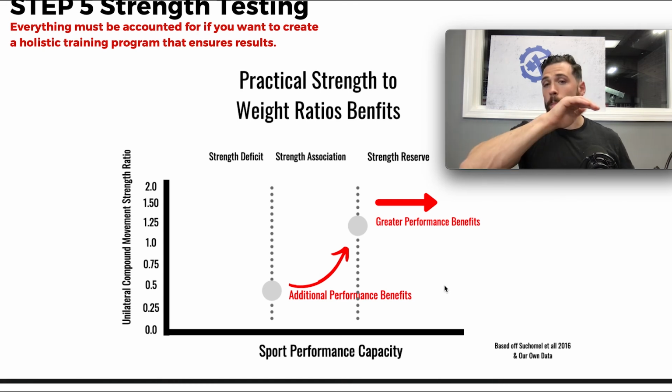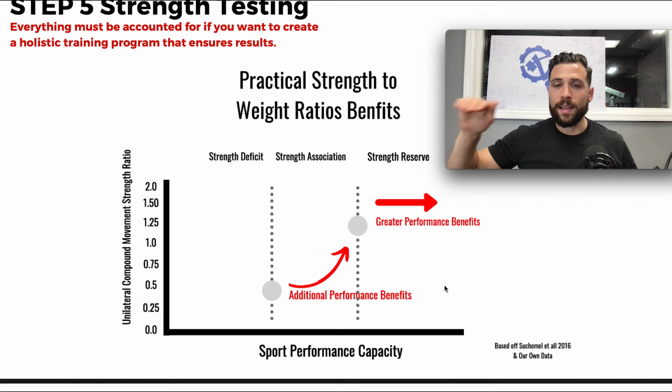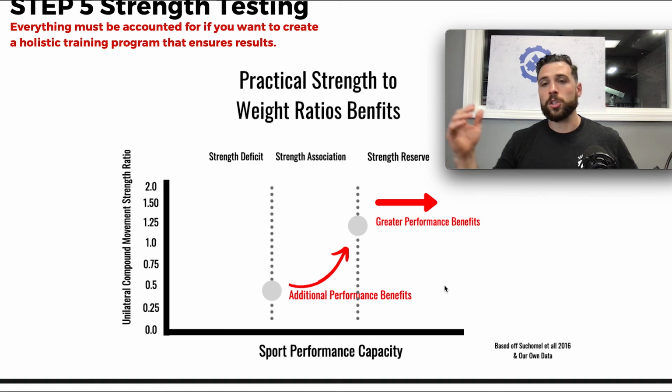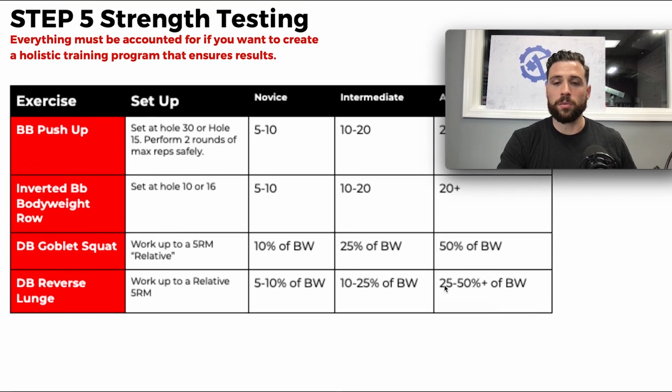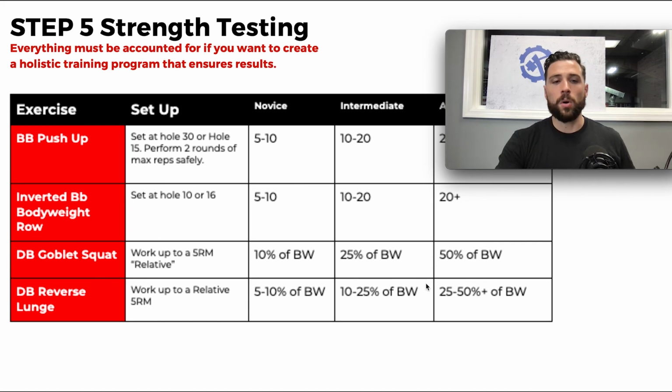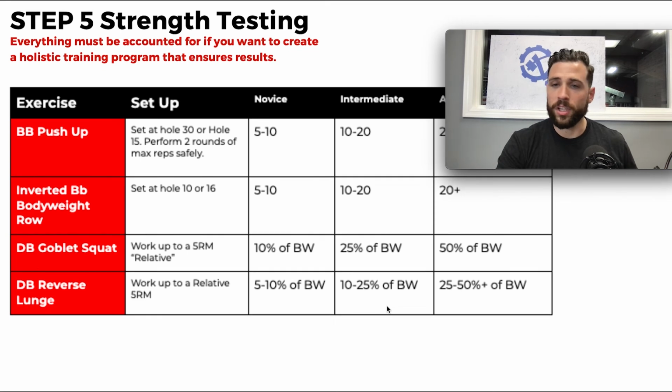Maintaining their strength at that level was enough to help improve their speed by focusing on other qualities, whether that's the speed itself, resisted sprints, specific power variations, what have you. So that is something extremely important to take into consideration, because if we look here, we could say, okay, a dumbbell reverse lunge, this individual, 25% of their body weight. They're an intermediate.